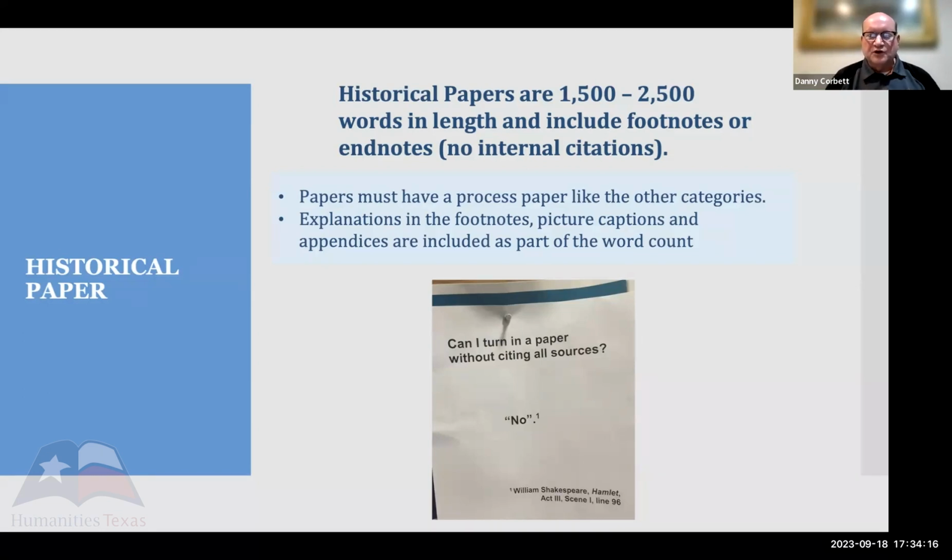The papers must have a process paper, and we'll talk about that a little bit later. That's kind of like a separate part of it. It's, again, not in the 2,500 word count. But if they put some explanations in their footnotes or their picture captions or any appendices, that is part of the word count. So they have to be careful of what they're including in their footnotes and picture captions.